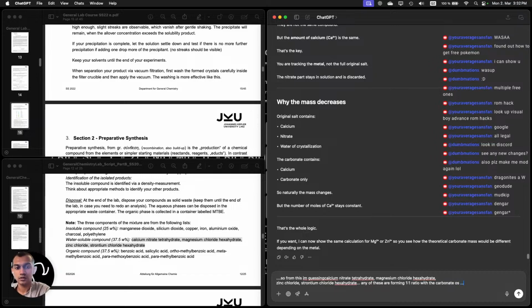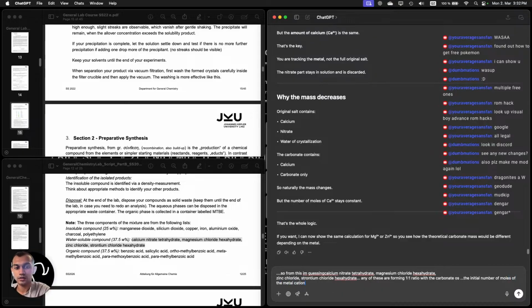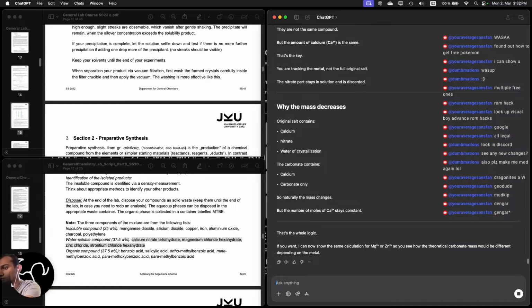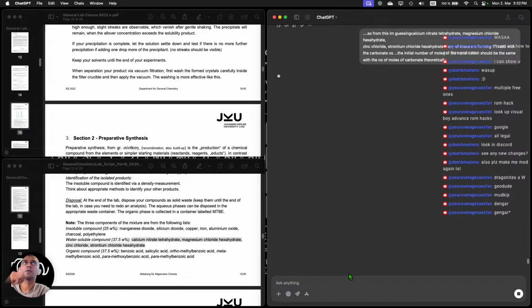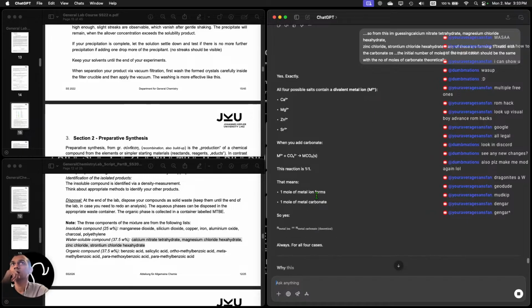So the initial number of moles of the metal cation should be the same as the number of moles of carbonate, theoretically. Exactly, all four possible divalent metal ions. Okay.